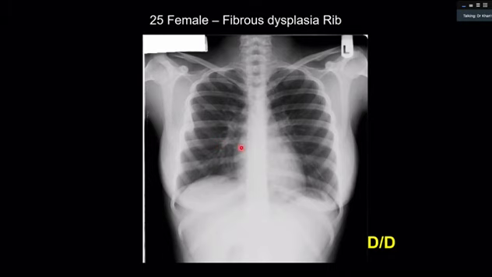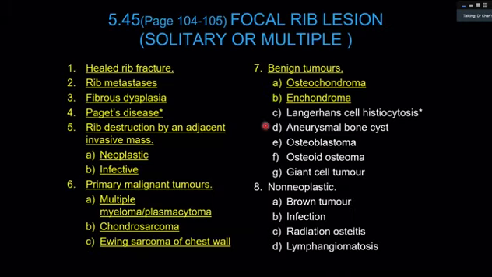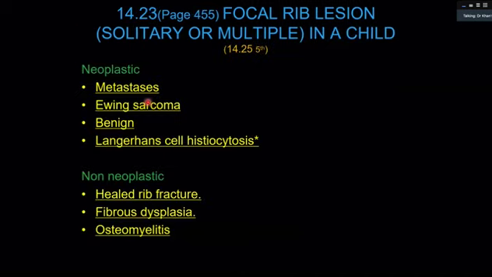So now, if you see here, focal rib lesions, solitary or multiple, this is from your book, they can of course occur in both adults, as in fibrous dysplasia here, and they can occur in the child. Common sense, it is just age of presentation.